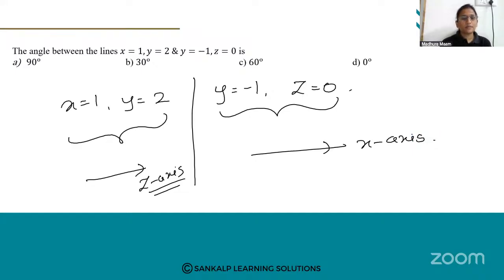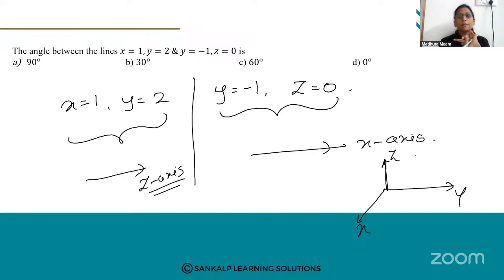So the first set is parallel to the z axis and the second set of equations is parallel to the x axis. So this is parallel to the x axis and that is parallel to the z axis. Whether it is 3-dimensional space or 2-dimensional space, whatever, what is the angle between any two axes? It is always 90 degrees. x and y are perpendicular to each other.